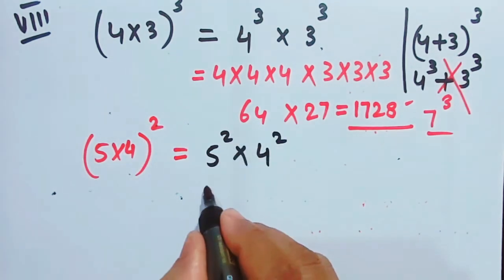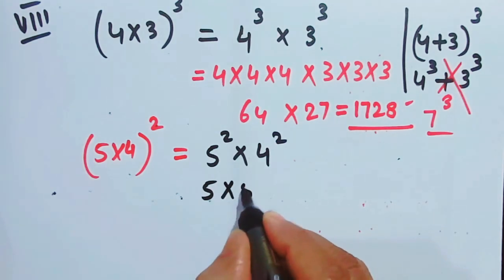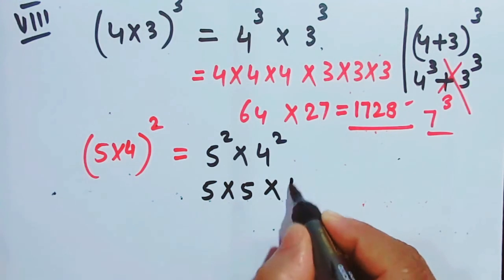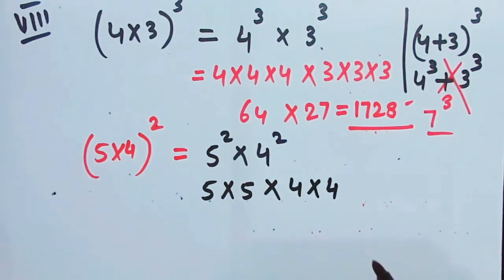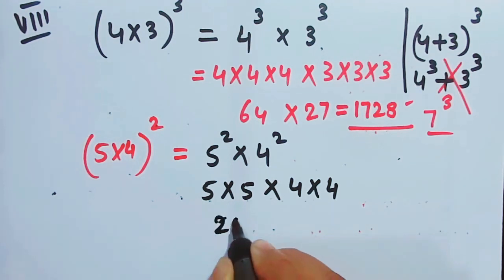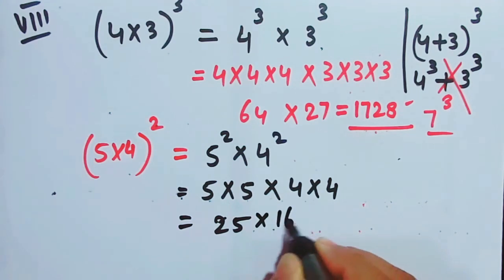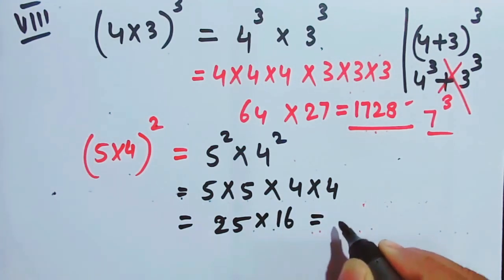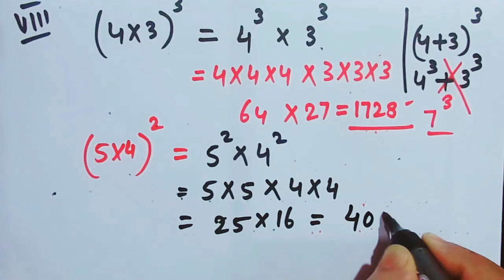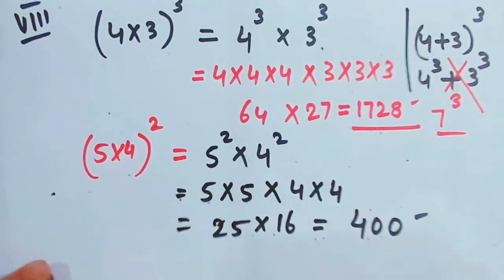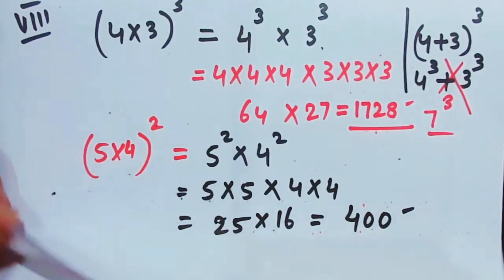Therefore 5 square means 5 times 5, and 4 will also be repeated 2 times. Therefore you will get a value: 5 5s are 25 times 4 4s are 16. When you multiply, you are bound to get 400. So I hope that this was loud and clear. Proceeding on to the other sums.